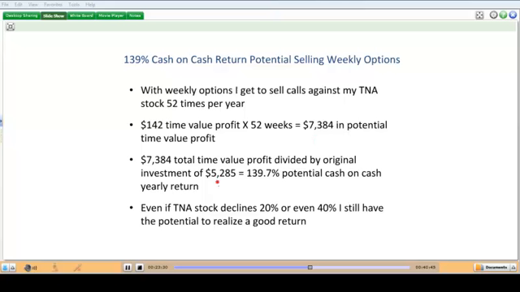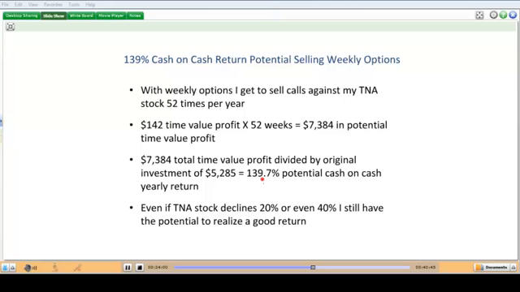So if I collect the $7,384 in cash versus the original investment of $52.85, that's 139% cash on cash return over the course of a year. So even if TNA declines 20% or even 40%, if you're collecting 139% cash on cash return, a lot can go wrong with this trade, and I'm still going to make money.